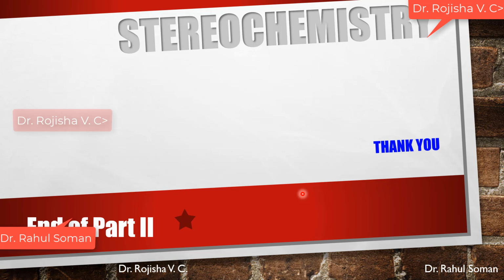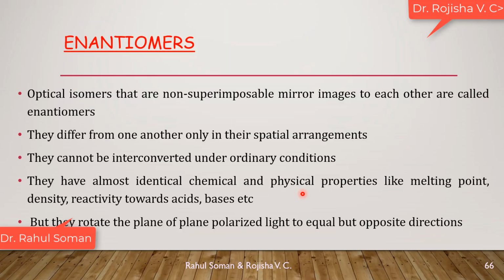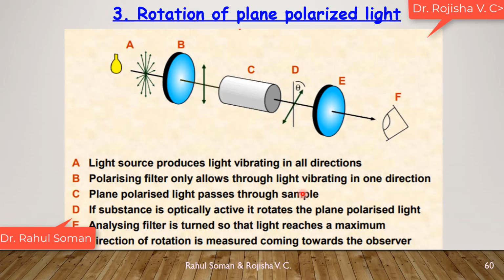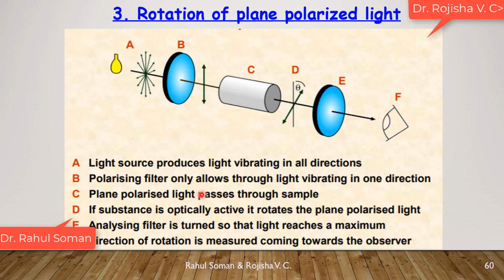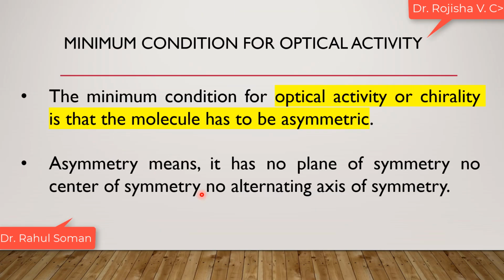So we have learned several new terms: chirality, enantiomerism, enantiomers, diastereomers, and their examples also. Chirality means if we have four different groups attached to the carbon, they can be called chiral. Another thing is that they will have no symmetry element, and those molecules are optically active.